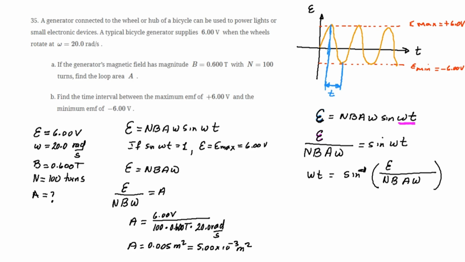So omega t is the sine inverse of, substituting, 6 volts over the number of loops, which is 100, times B, which is 0.600 Tesla, times the area that we found, that is 5.00 times 10 to the negative 3 meters squared, times the frequency that we know, 20 radians per second.